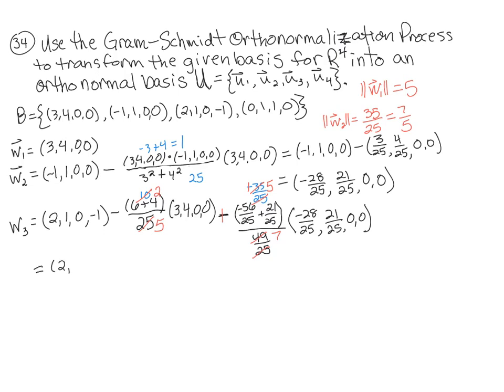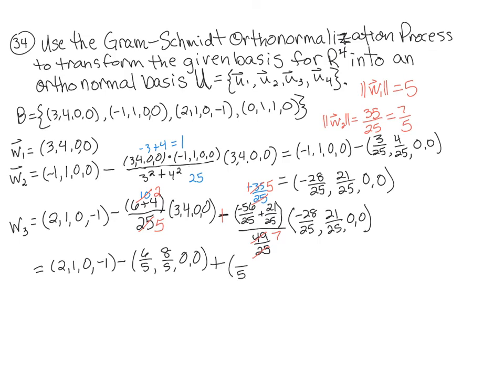I have (2, 1, 0, -1) minus (6/5, 8/5, 0, 0), plus this last one. Remember, the 5 on the top cancels the 5 on the bottom.